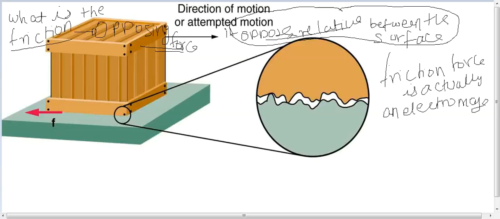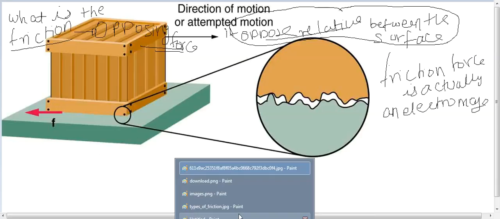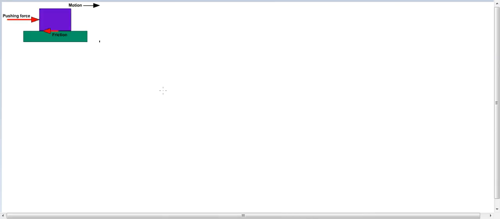Let's try to understand things with an example. In this picture, if I apply a force in this direction, then this is the direction of motion, and the friction force is opposite to this.